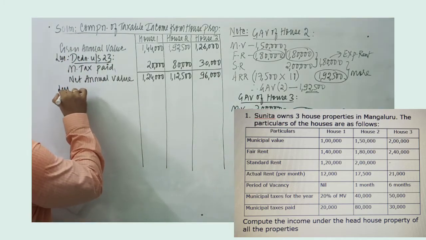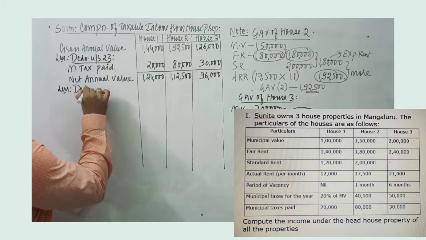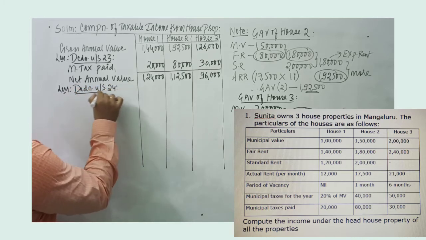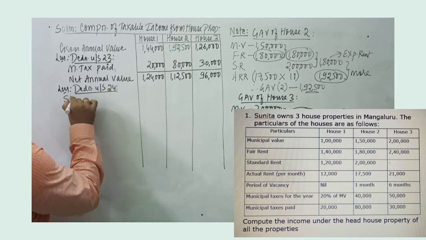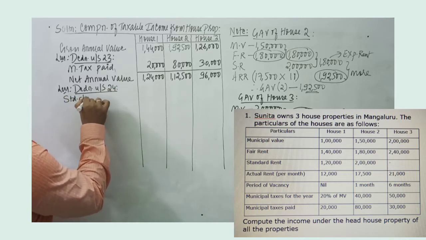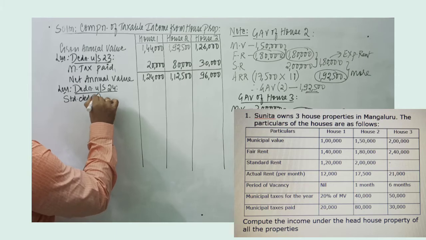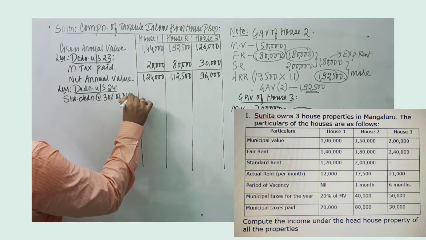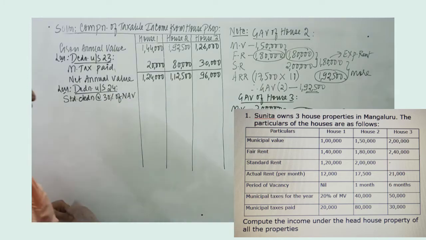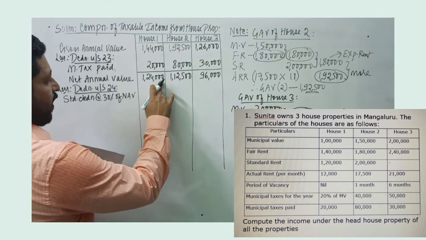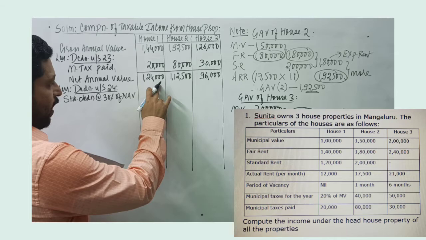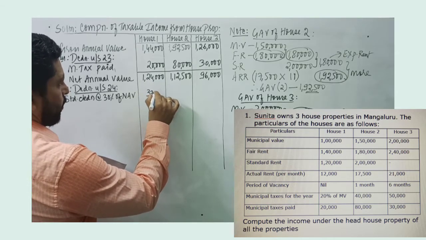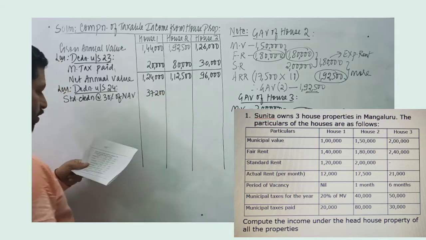Then we go to less deduction under section 24. Under section 24, if we have interest on housing loan, there will be 2 deductions. So standard deduction at 30% of NAV. 30% of 1,24,000. So 12, 12, 12, 36, 37,200.